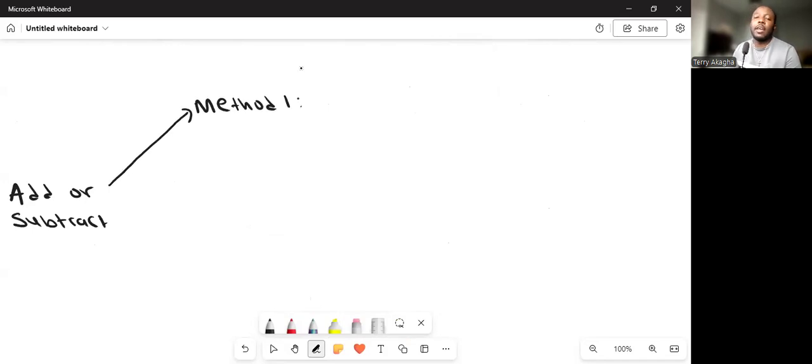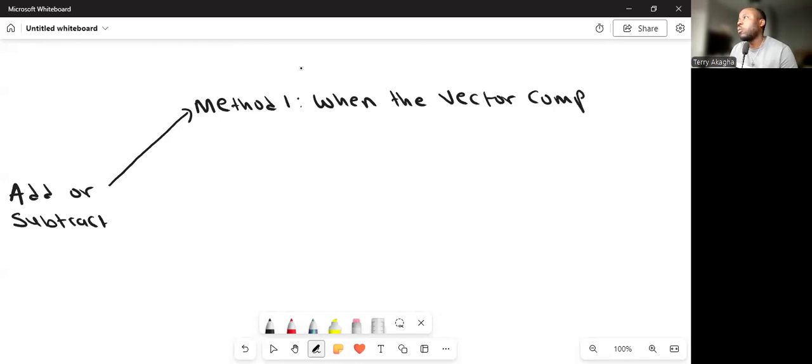This is when the vector components are known. So this is pretty straightforward. When these vector components are known, how do you go about it? So this is the first method.